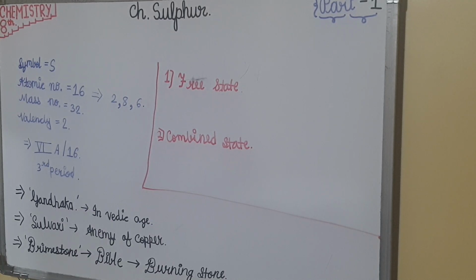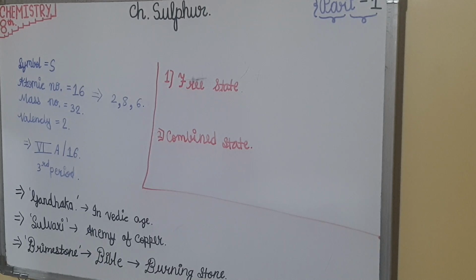Second is the combined state. It is found in two forms: first as sulfates, second as sulfides. As sulfates, it is found in Epsom salt, that is hydrated magnesium sulfate MgSO4.7H2O.